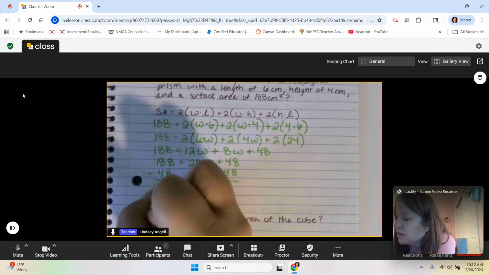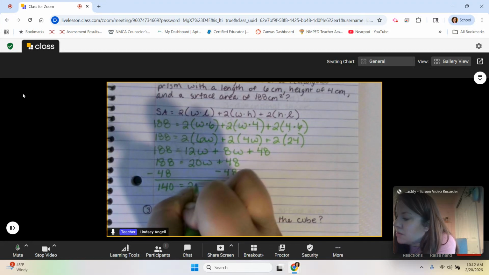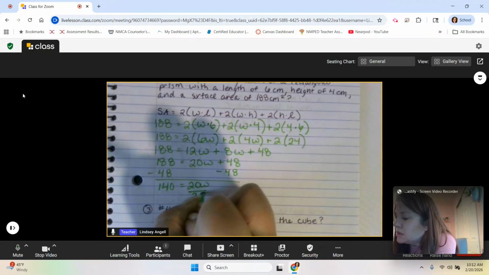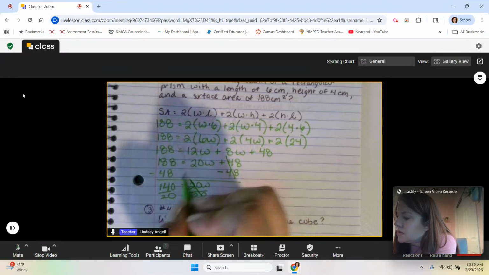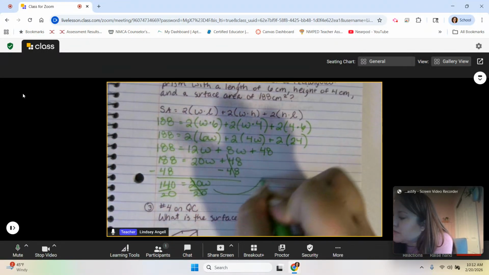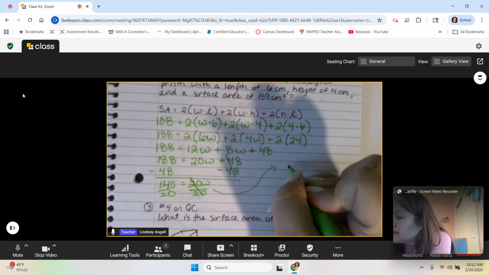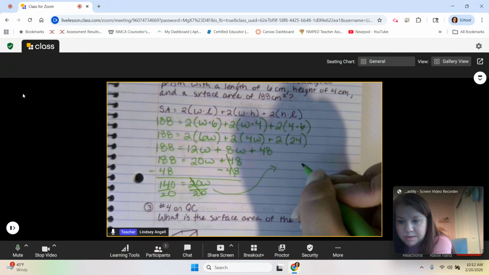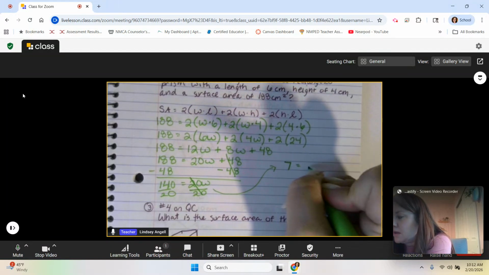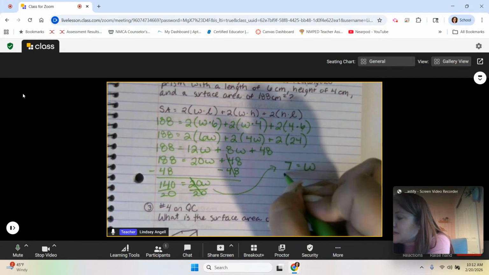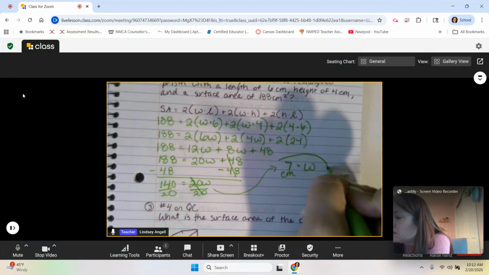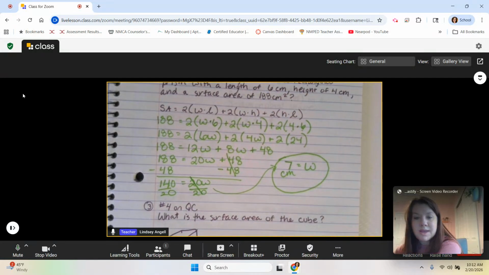That's going to give me 140 equals 20w. Divide by 20, divide by 20. Those will cancel, and I'll have w over here. So we're left with, let's see, 140 divided by 20 would be 7. So w equals 7. We were talking about centimeters, so that would be our width.